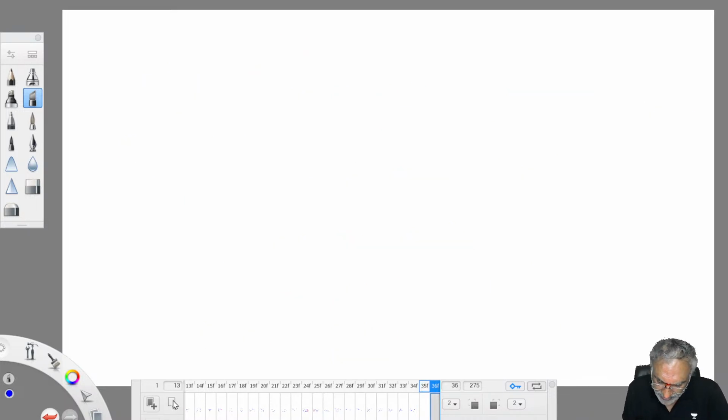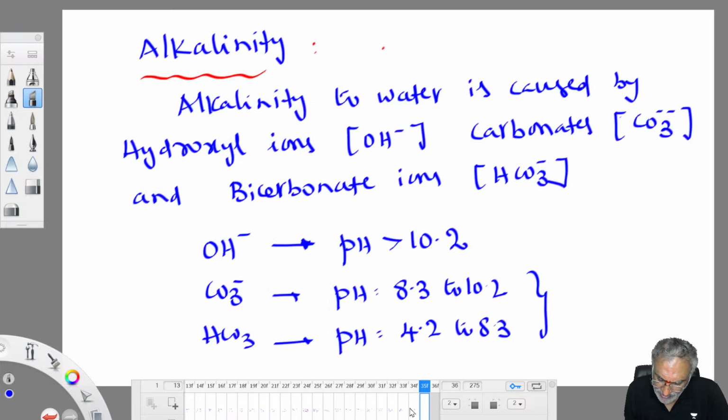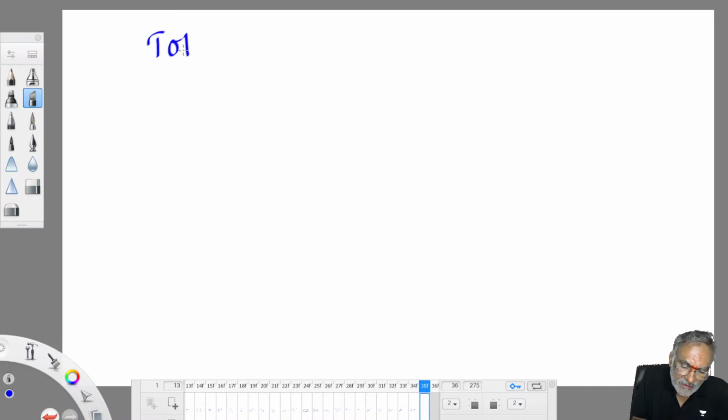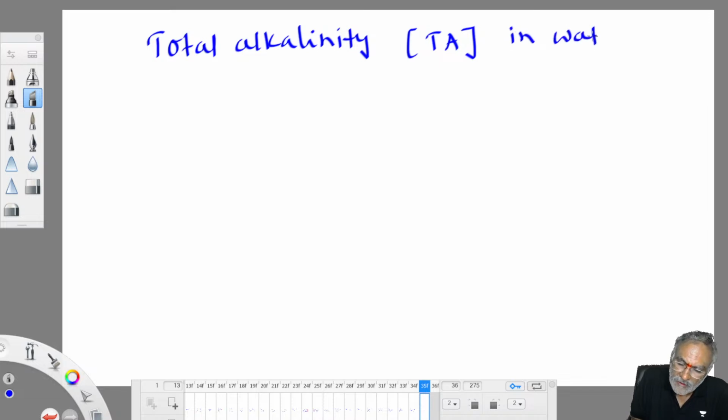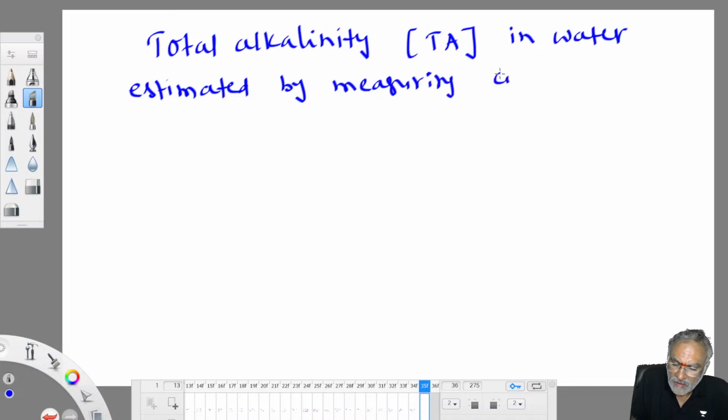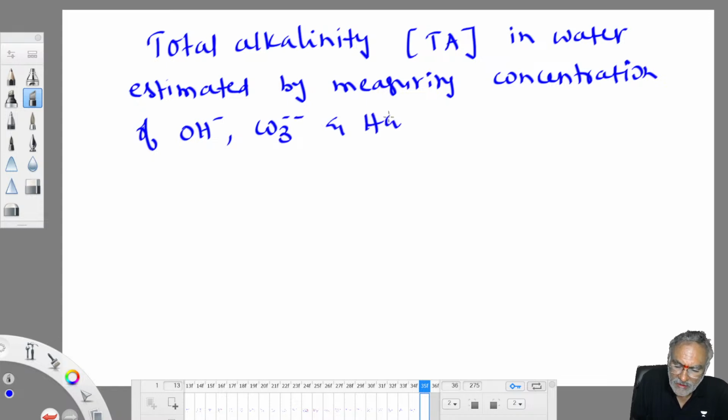So total alkalinity of water is estimated by measuring the concentration of OH minus ions, carbonate ions and bicarbonate ions in water.